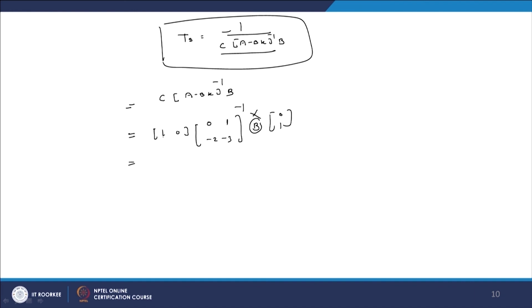If you multiply this out, it comes to minus 1 by 2, and if you put it here in this Ts, we will get Ts as 2.